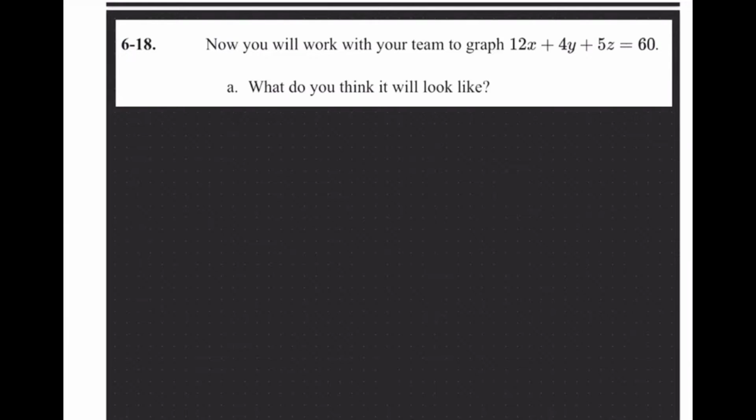So, think of it in 2 dimensions. When it came to figuring out intercepts for just a line, we would plug in 0 for x, and it would give us our y-intercept. If we put in 0 for y, we could find our x-intercept.